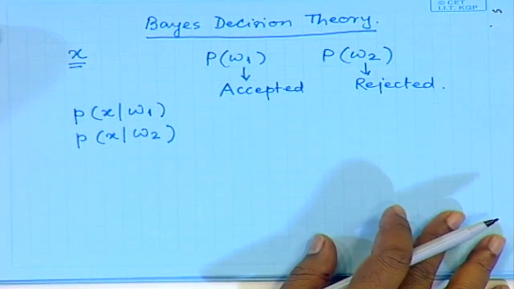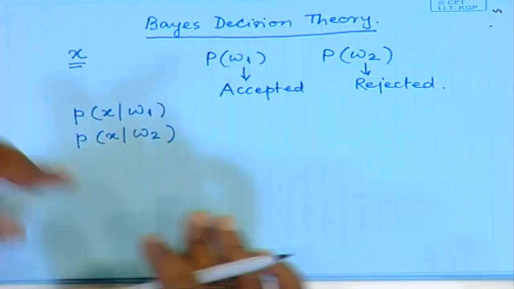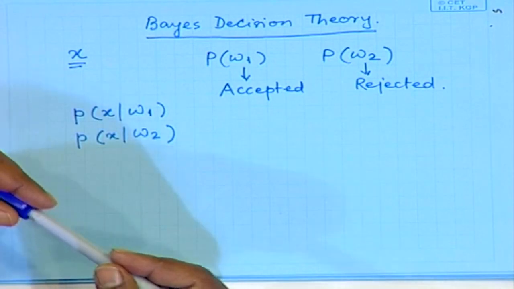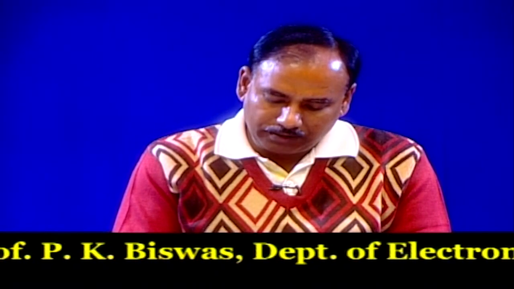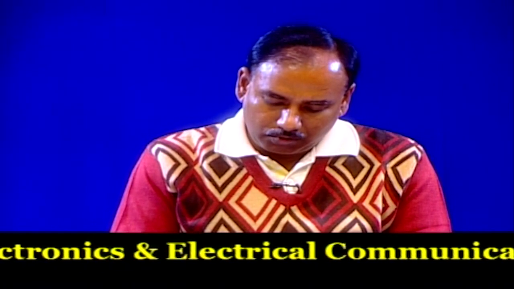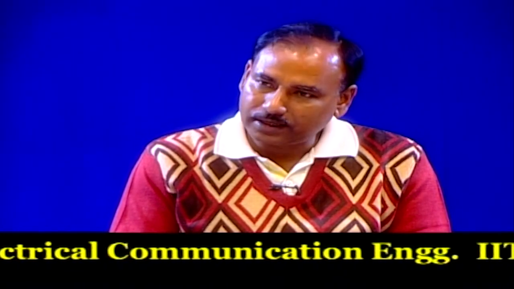But finally, our classification problem is that we have an observation x, and based on this observation we have to put the object either in category omega 1 or in category omega 2. Effectively, what we have to find out is p of omega 1 given x and p of omega 2 given x.